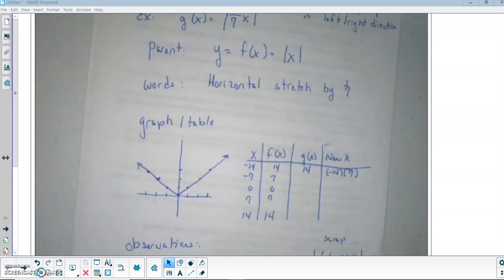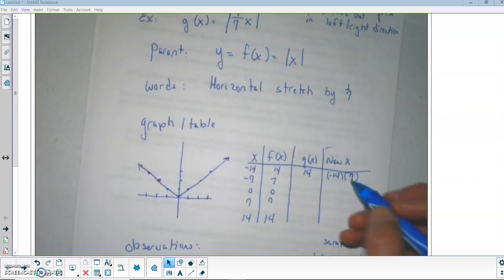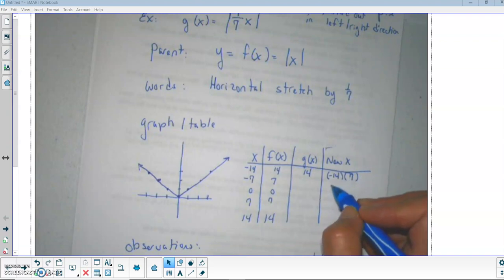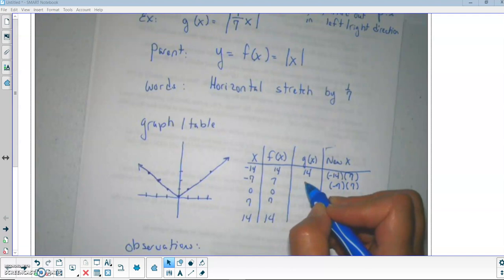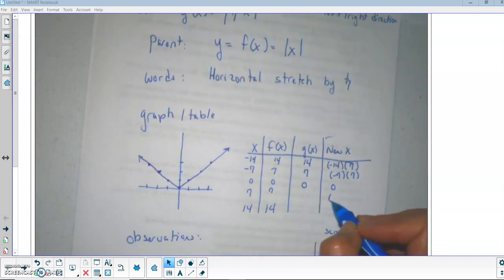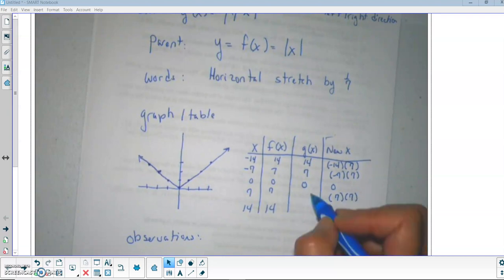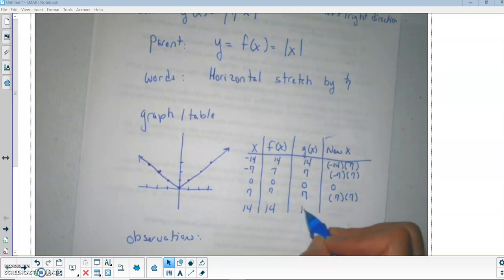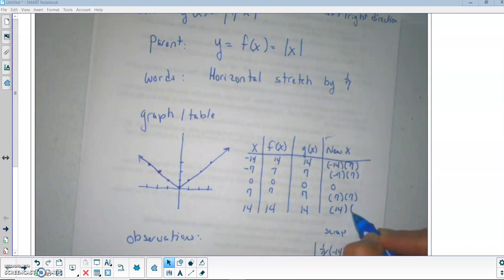So all my x values this time, instead of being division by 7, are multiplied by 7. So -7 times 7, and I'll still get an output of 7, 0 is 0, 7 times 7, I would still get an output of 7, and 14 times 7, I'd still get an output of 14.